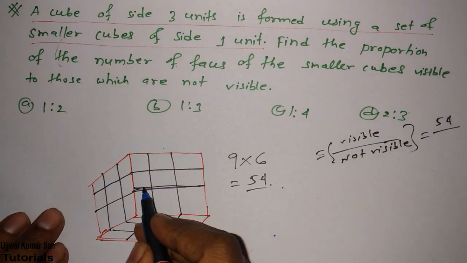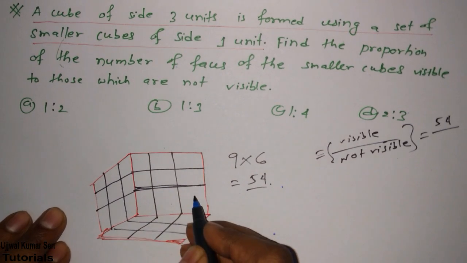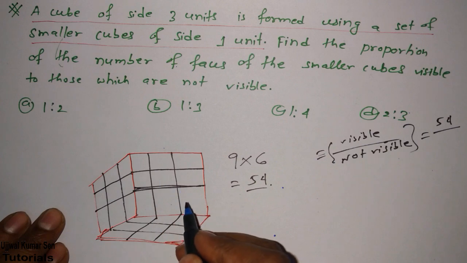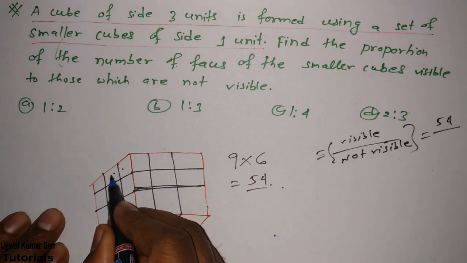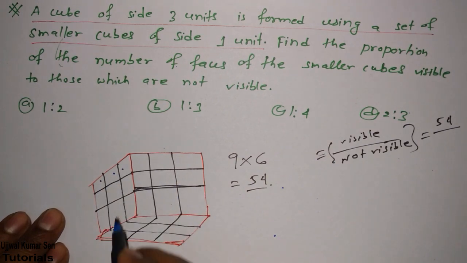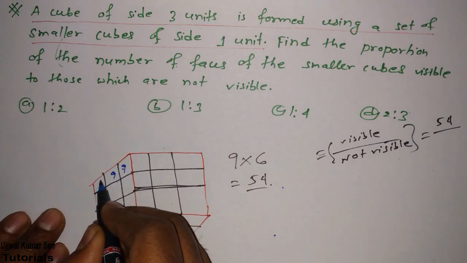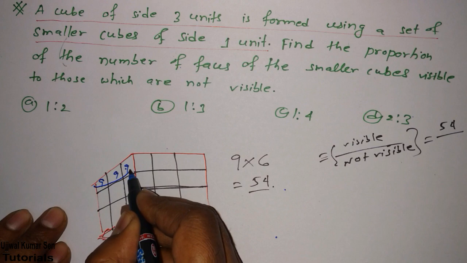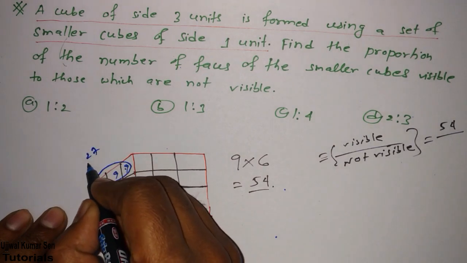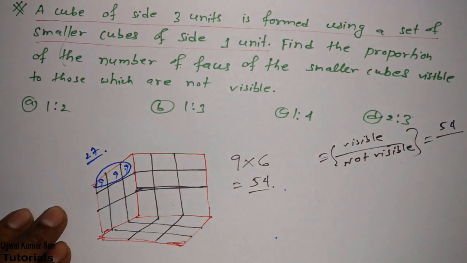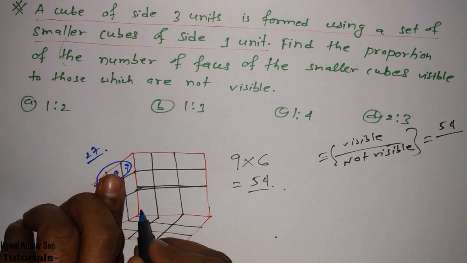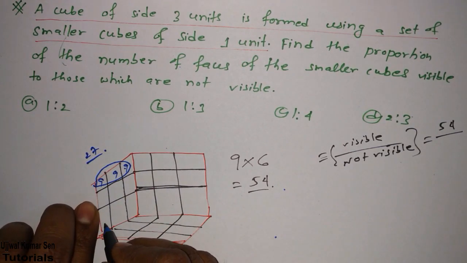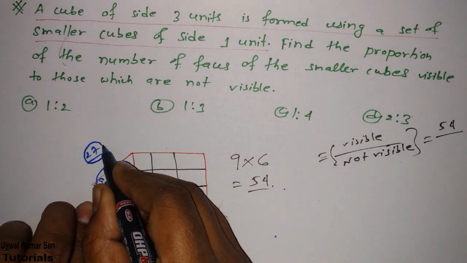So first of all, see 3 3 3, how many? 9. Okay, and then how many parts are there? 3, 1 2 3. So first part we have 9, second part we have 9, third part we have 9. Total cubes, how many total cubes are there? 27. So how many small cubes are there? 27.